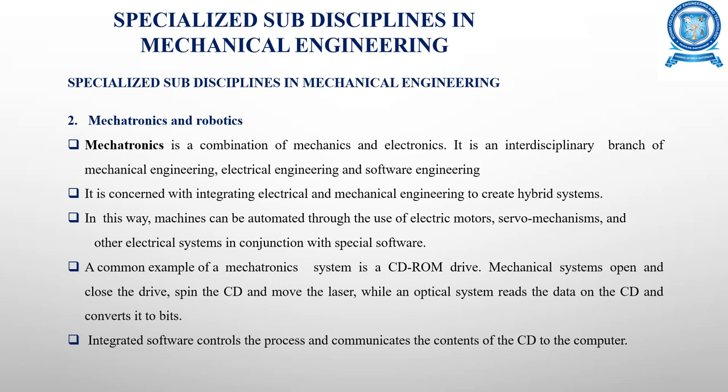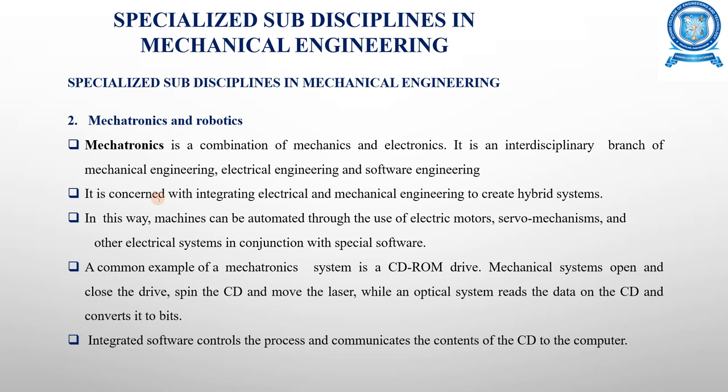So the second specialized subdiscipline in mechanical engineering is mechatronics and robotics. So what is mechatronics? Mechatronics is nothing but a combination of mechanics and electronics. So this mechatronics is an interdisciplinary branch of mechanical engineering, electrical engineering, and software engineering.